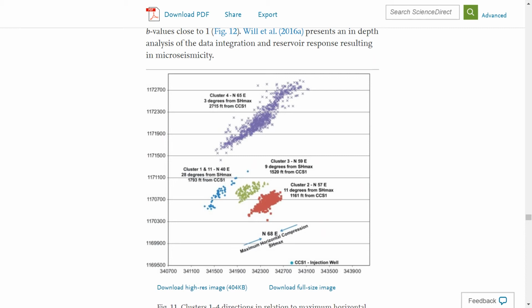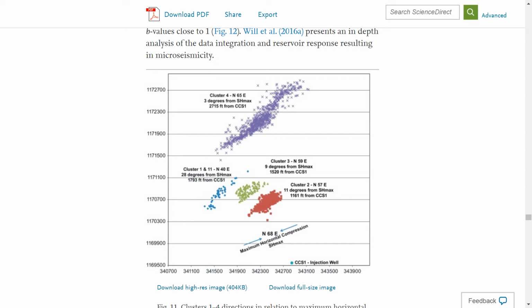So, which means that the smallest amount of effective stress would be the minimum, and the highest would be the vertical. Okay. So vertical, remember, is depth. Into the screen would be vertical. Yes, correct.